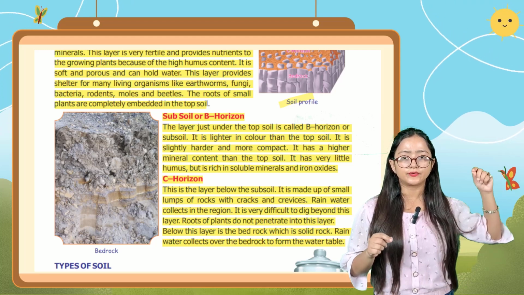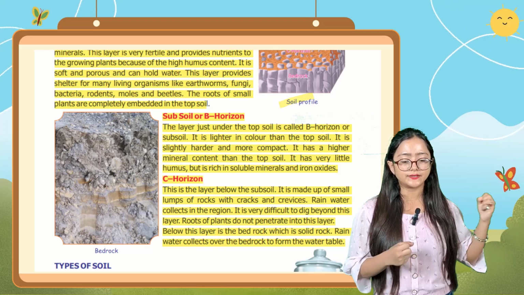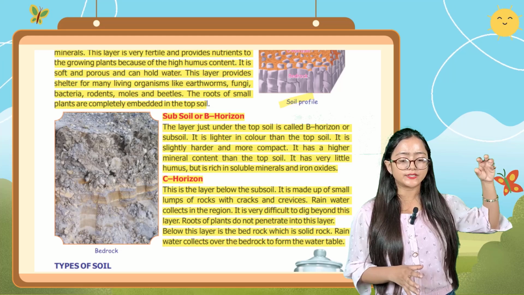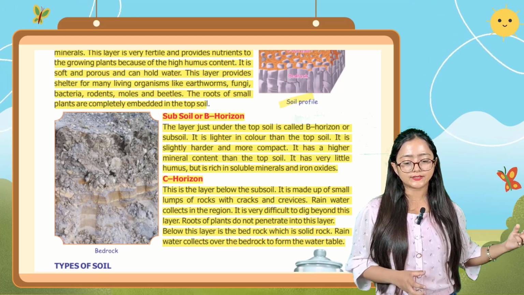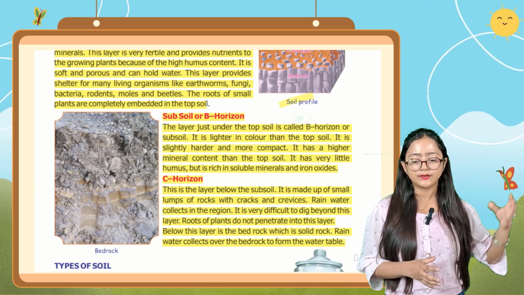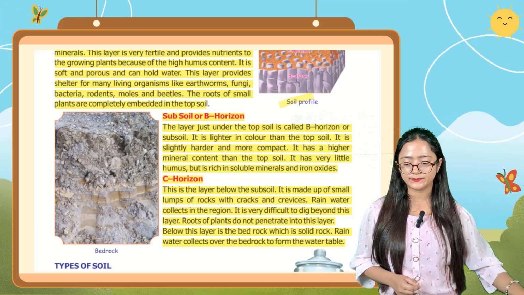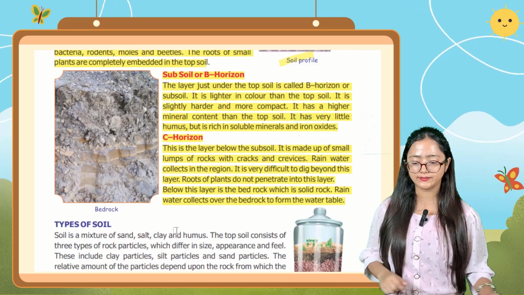Roots of plants do not penetrate into this layer. Below this layer is the bedrock, which is solid rock. Rainwater collects over the bedrock to form the water table. Here you can see the bedrock, which is below the C horizon.